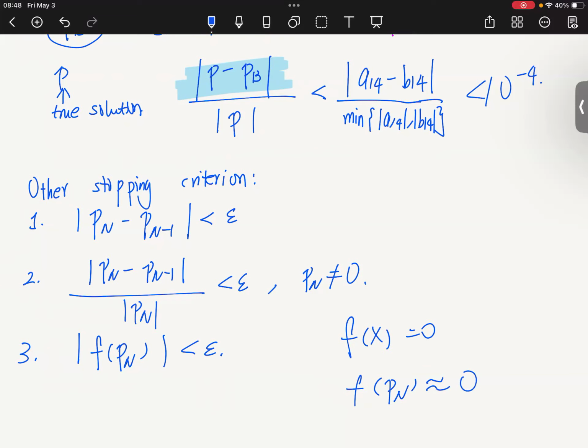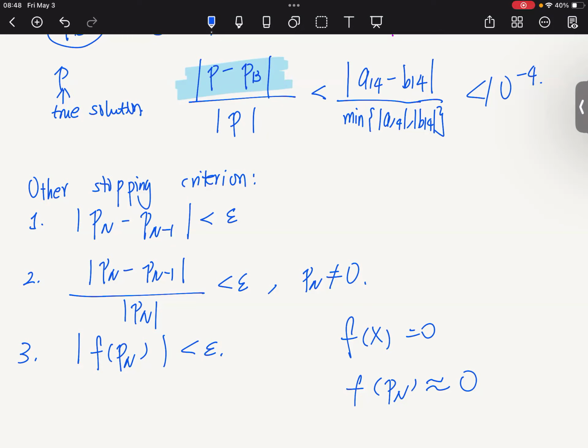So it estimates how far we are from the solution, and this is the best criterion to estimate how close we can get.